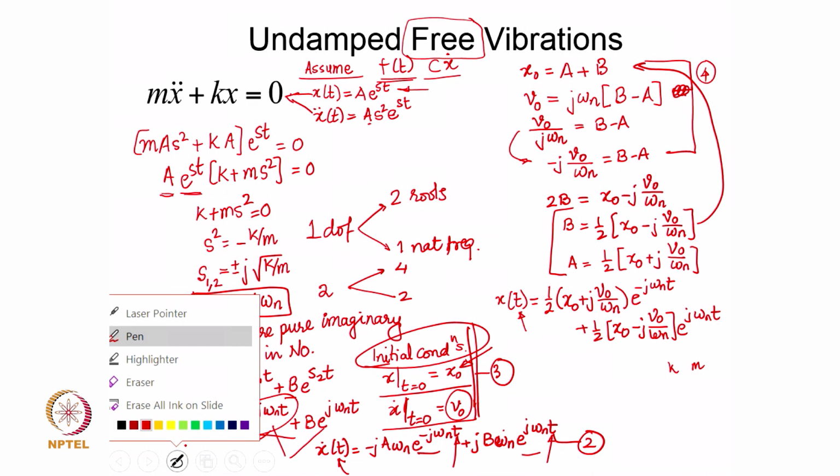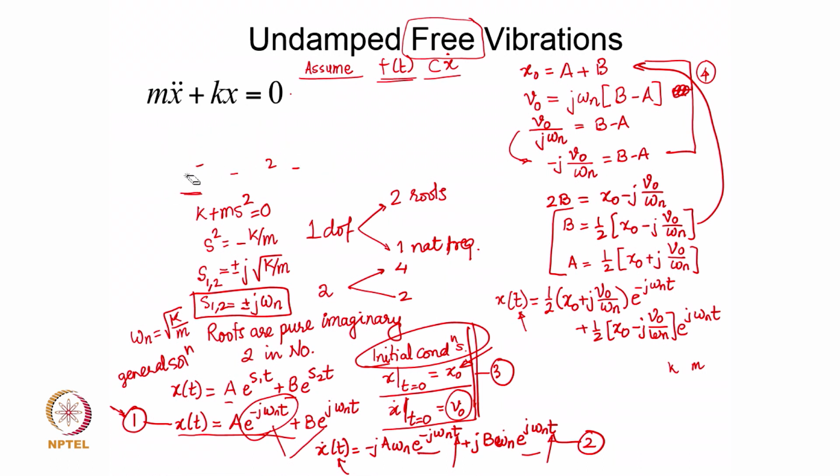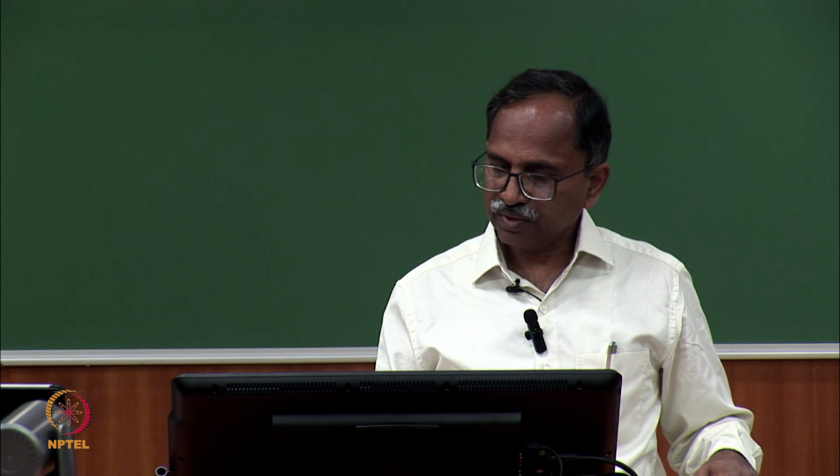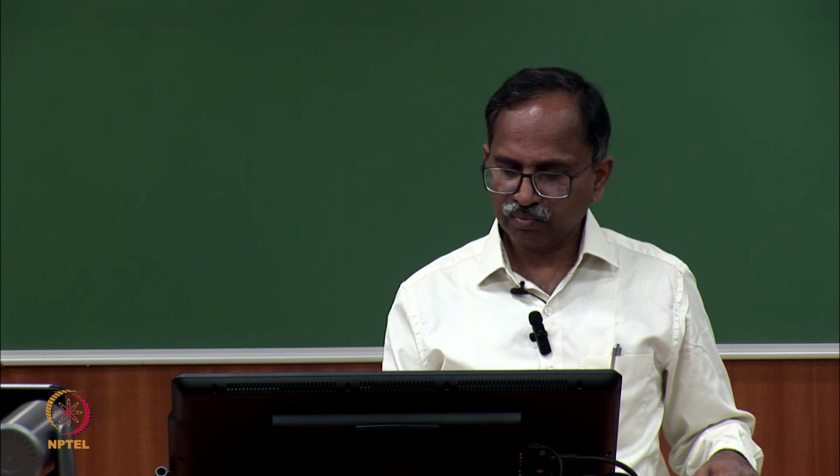Okay. Now, having discussed this, let us go a little further. This equation that we have got is a bit inconvenient to use actually, and it can be simplified to obtain a little more compact form.